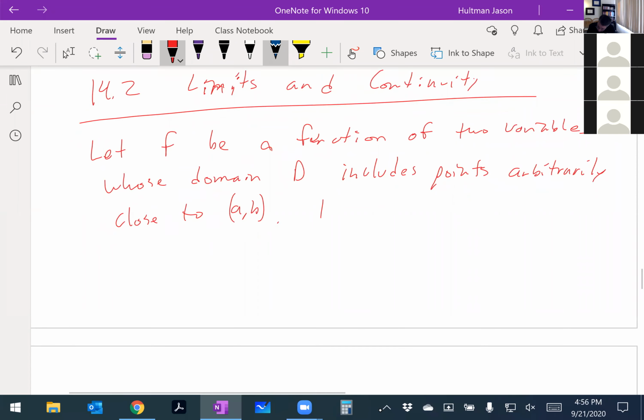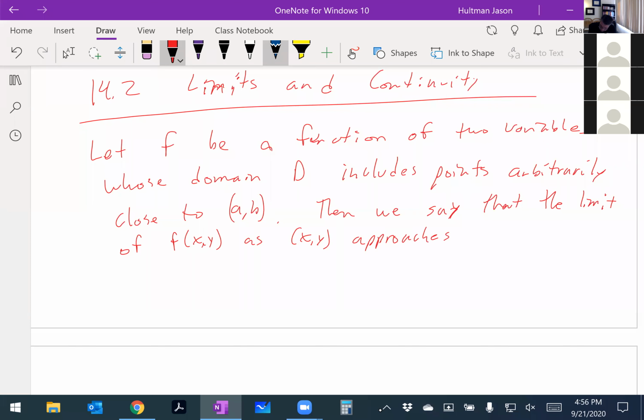Then we say that the limit of f(x, y) as (x, y) approaches (a, b) is L, and we write the limit as (x, y) approaches (a, b) of f(x, y) is equal to L. Okay, so we're approaching a and b simultaneously in this 3-dimensional function.